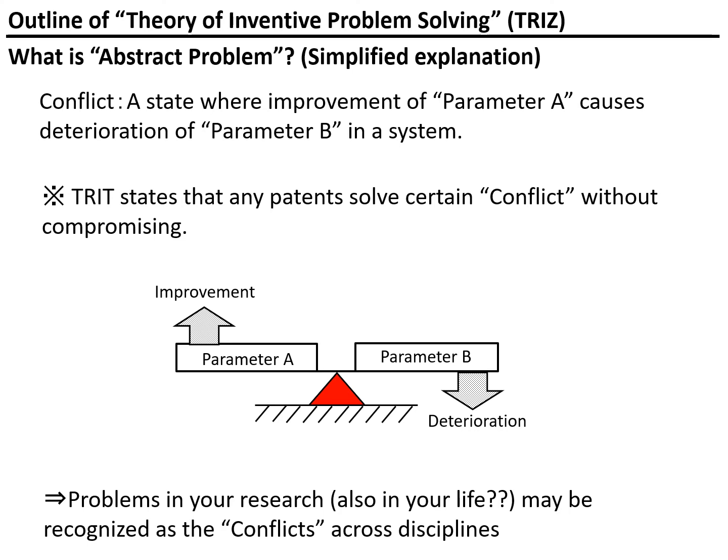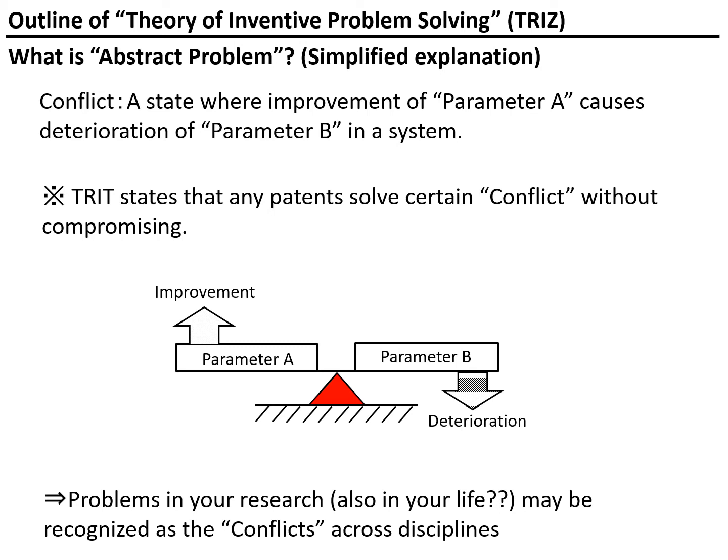TRIZ says a problem is a conflict, a state where improvement of parameter A causes deterioration of parameter B in a system. In addition, TRIZ states that any pattern solves a certain conflict without compromising.